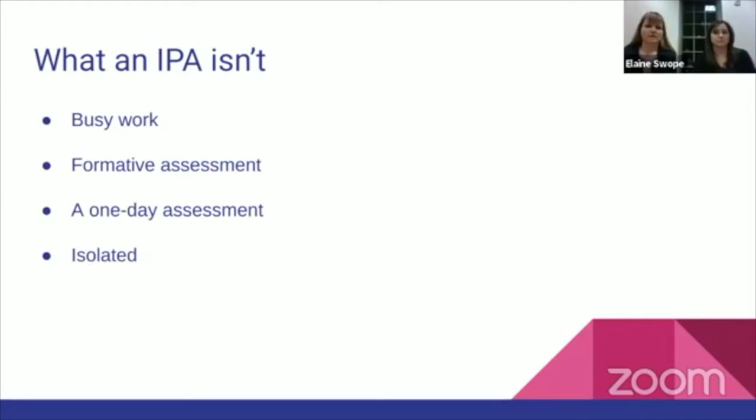And also, it shouldn't be isolated. Isolated meaning a couple of different things. First of all, the parts of the IPA should relate. Whatever you use as your source for the listening or the reading should relate to what you're asking them to do in their speaking and in their writing.